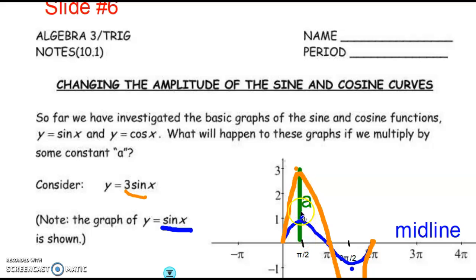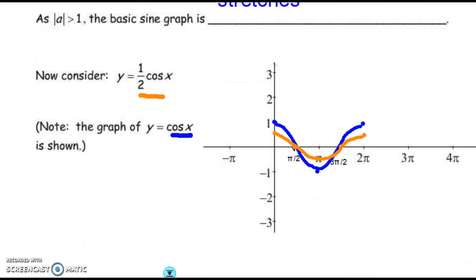This is your amplitude going all the way up to a 3. Normally it's a 1, but now in orange, it's all the way up to a 3. Look down here. We only had to go up a half instead of a whole 1 because, you know, I could throw a 1 in front of this and not change anything. But this guy's only going up to a half.